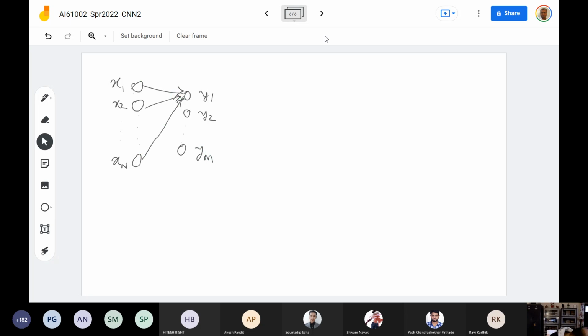So Y1 is equal to X, this whole X, into some W1 plus B1. Then Y2 is equal to X into W2 plus B2. Like this I would keep on going, and then I would get YM equal to X into WM plus BM.